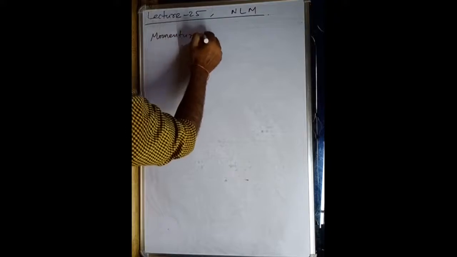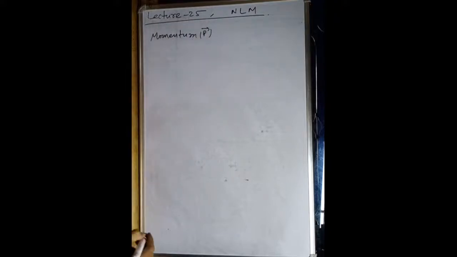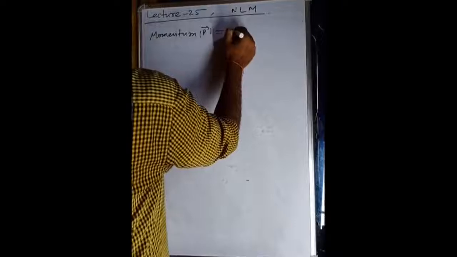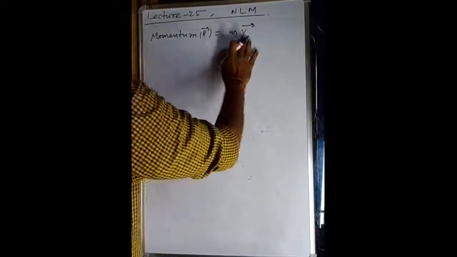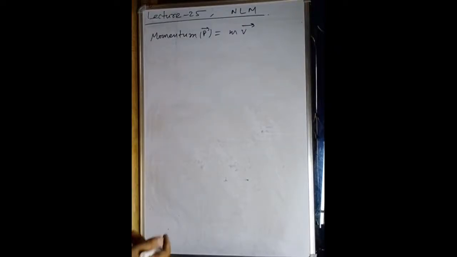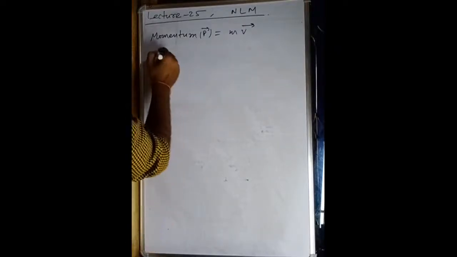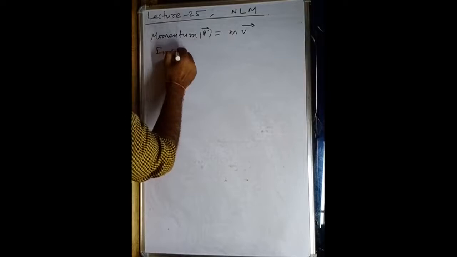Let me recall it: linear momentum is a vector quantity. It is mass times velocity, and the direction of momentum is defined by the direction of velocity itself. Then we studied the impulse.